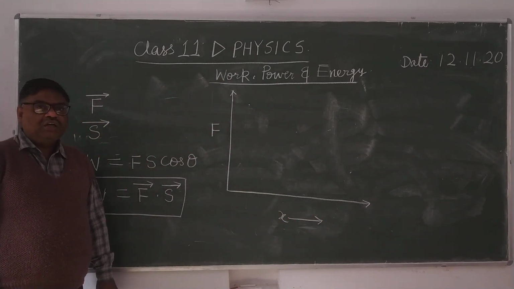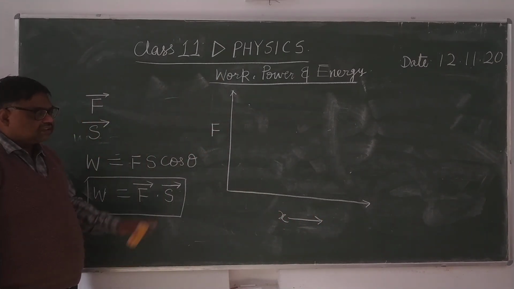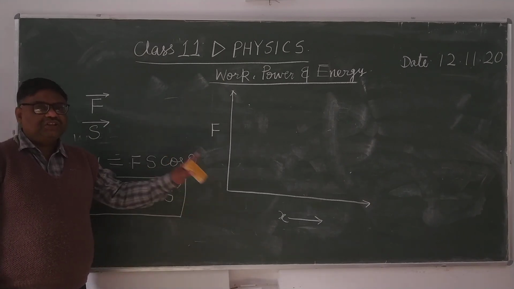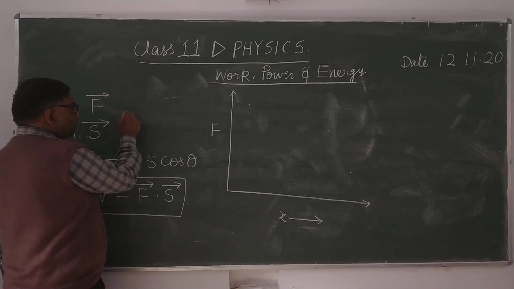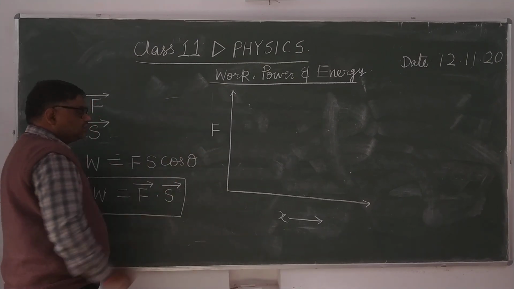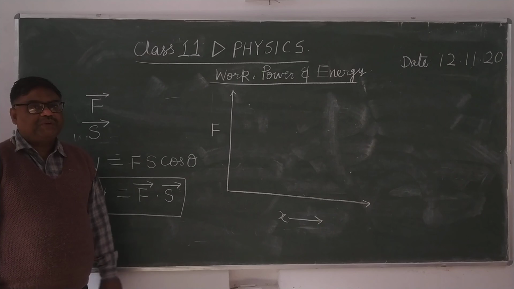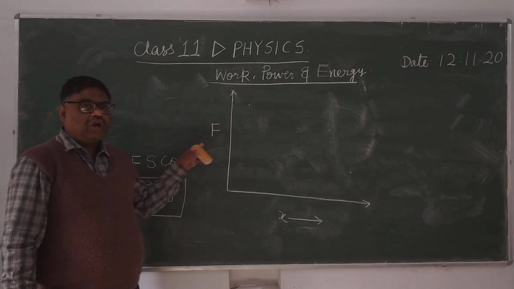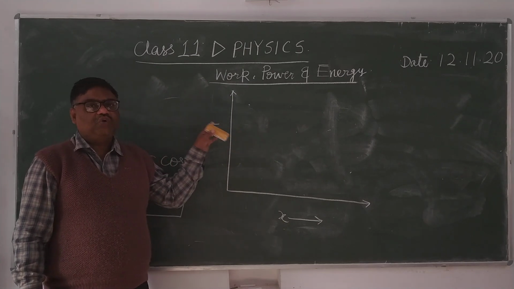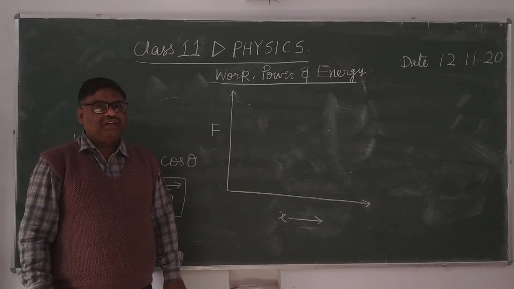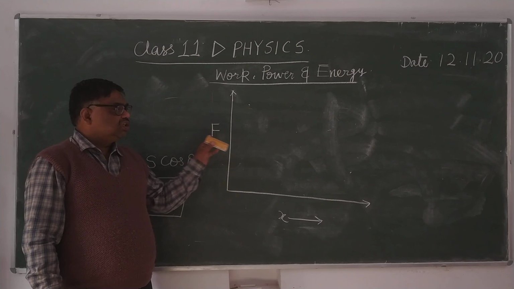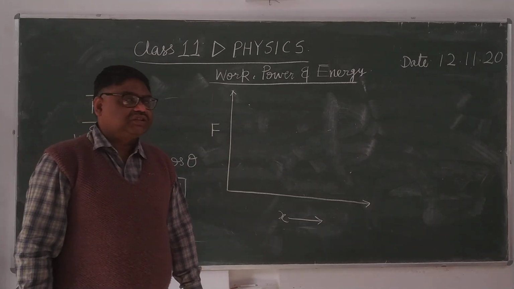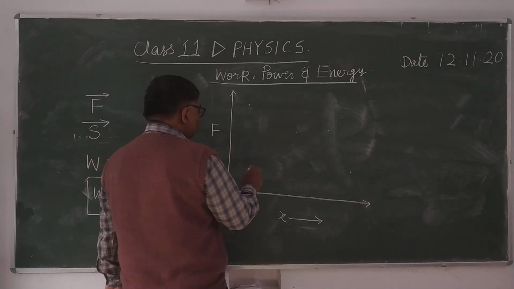You will remember that x is the displacement in the direction of force, meaning force is acting along the x-axis and displacement is also taking place along the x-axis. Suppose during the whole displacement, the magnitude of force remains constant.